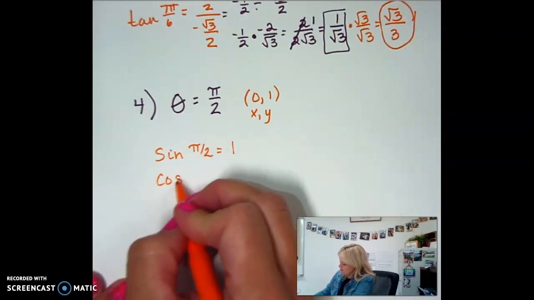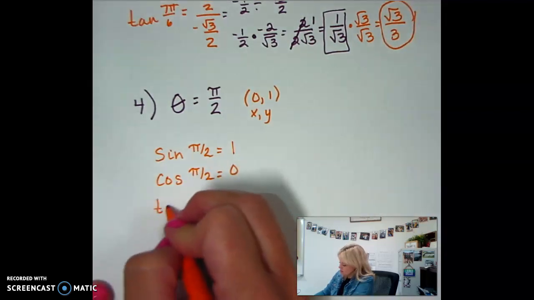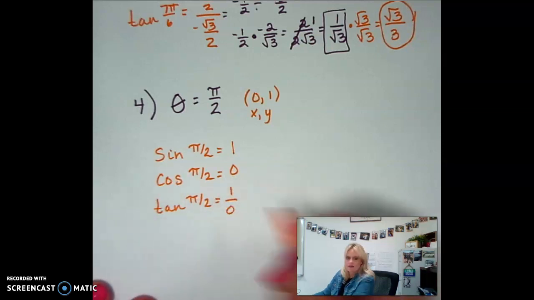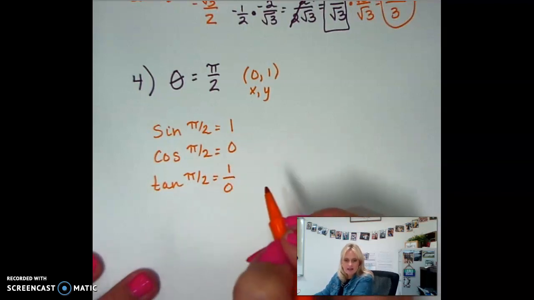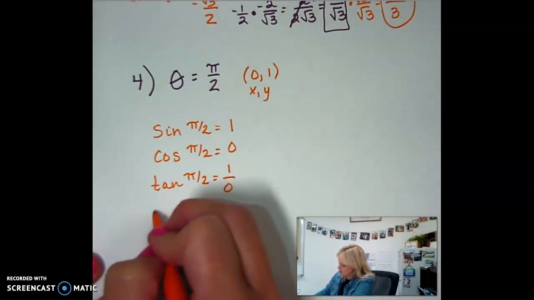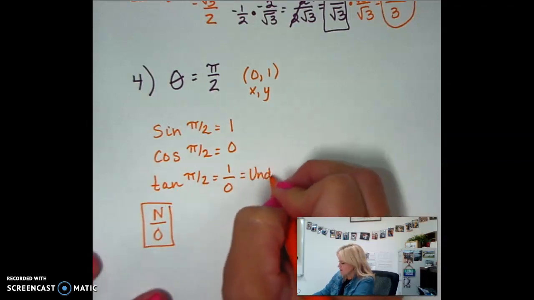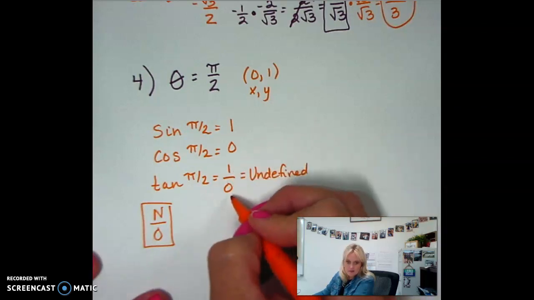The cosine of half of pi is my x value. The tangent is y over x. Now, if you do this on your calculator, you'll get an error. Do you remember learning that if a number, and this is how I remember it, a number over 0 spells no. You cannot do it. It is undefined. I cannot eat 1 cupcake if 0 cupcakes are sitting there at the table.